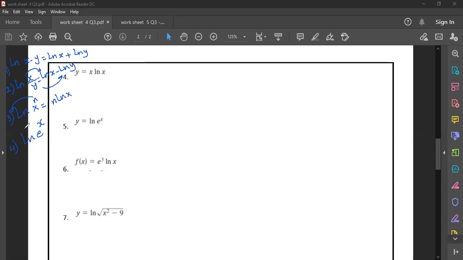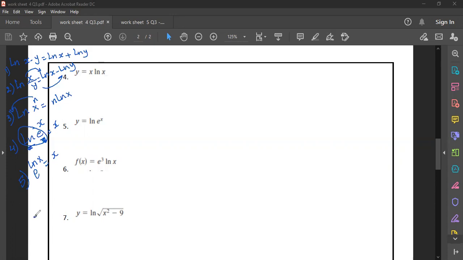Since I know the natural logarithmic function and the natural exponential function are inverses of each other, ln cancels the exponential function. The natural logarithmic function can cancel what? The natural exponential function. So it will be x. The fifth rule: e to the power ln x will be x.